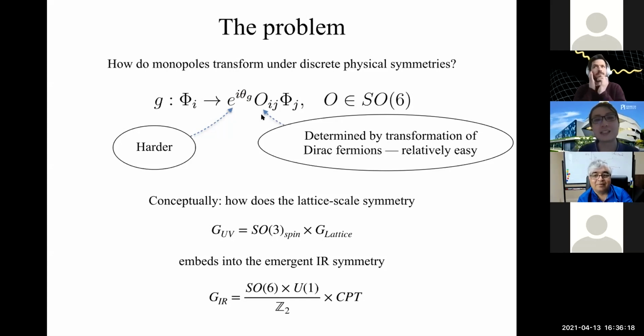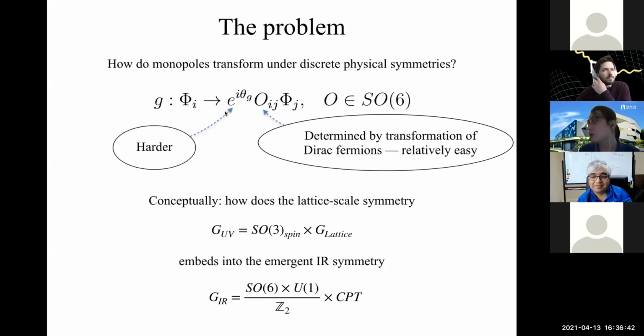Essentially, the idea is you use the quantum spin Hall mass to figure out which monopole you're picking out. You also know what SO6 matrix you are multiplying it by for any symmetry operation. That way you can figure out this U1 phase factor, and then you use this U1 phase factor for all the 6 monopoles. So this is the unique mass that doesn't break any lattice symmetry, but it breaks spin rotations.